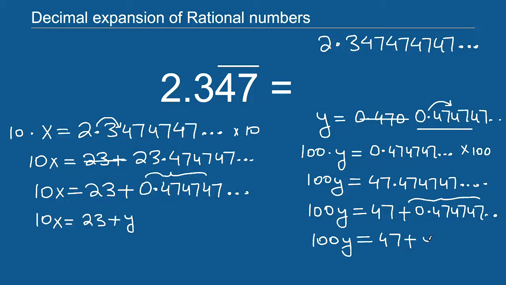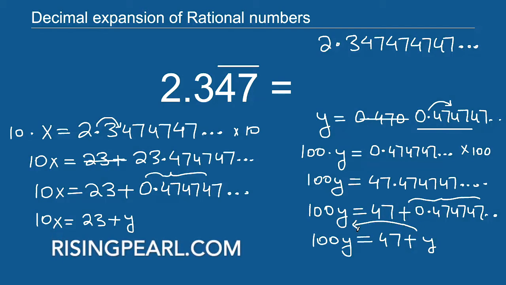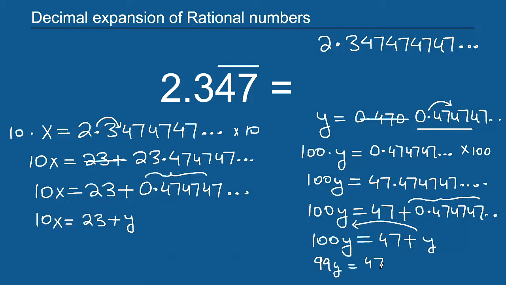So if we get the y over here, then we will get 99y is equal to 47, or dividing both sides by 99, we will get y equals 47 divided by 99. So now we know the value of y. y is equal to 47 by 99. So we can simply replace that here, and we will get 10x equals 23 plus 47 by 99.